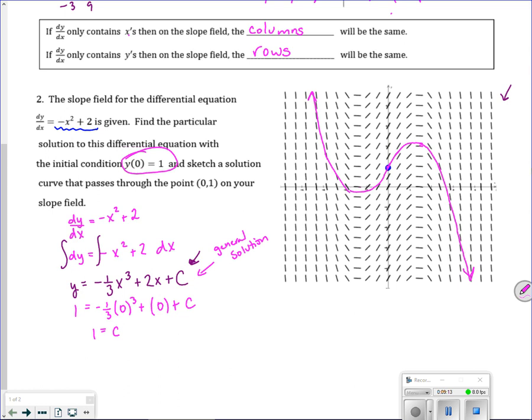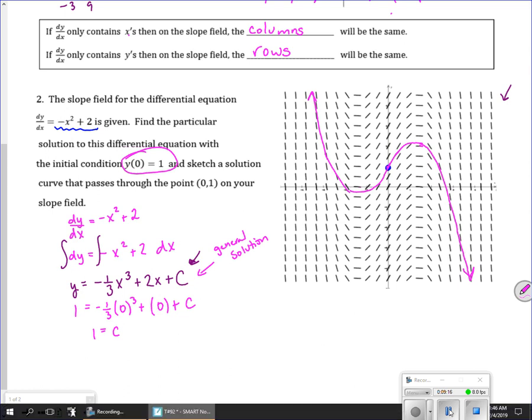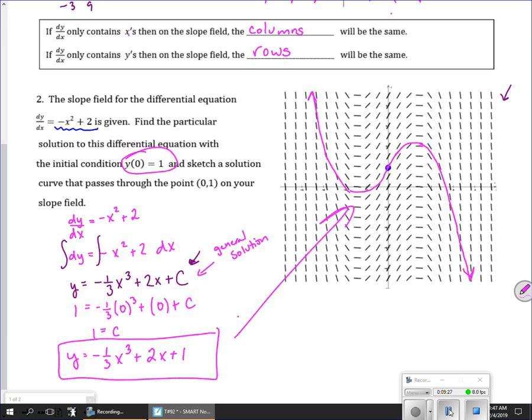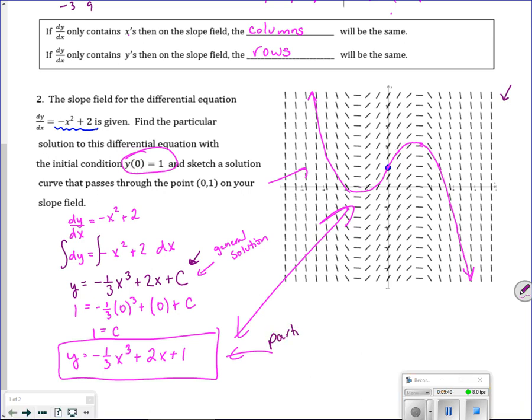So I would get the final equation of y equals negative 1/3 x cubed plus 2x plus 1. And I get this right here. Friends, these two things match. This is the equation to that graph I just drew. And this is called the particular solution. There are thousands and thousands of equations that have that derivative. This is the only one that goes through that point.